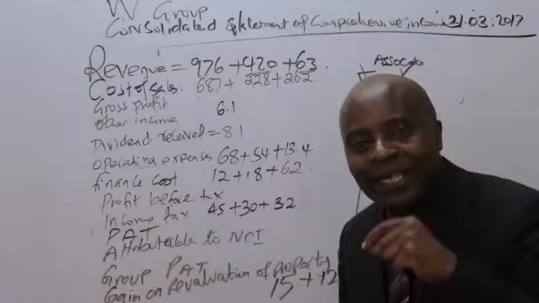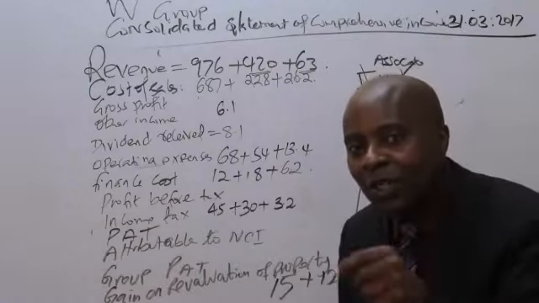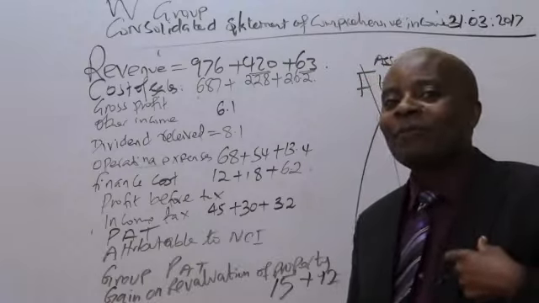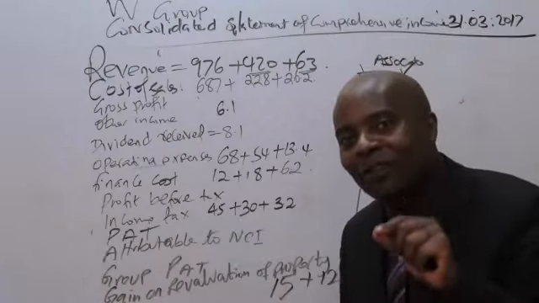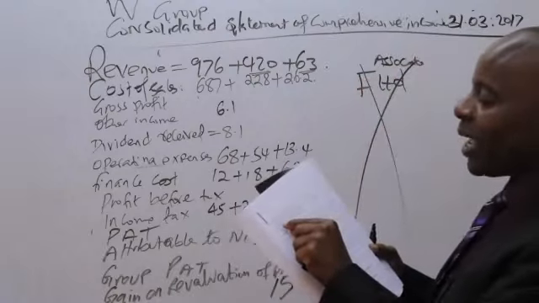These are free marks. We normally take the figures of the subsidiaries and then we multiply them with our shareholding. And that is only applicable to other comprehensive incomes.